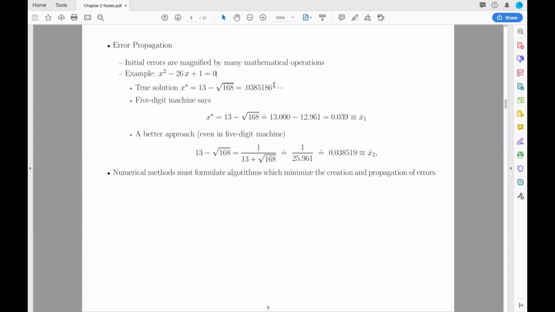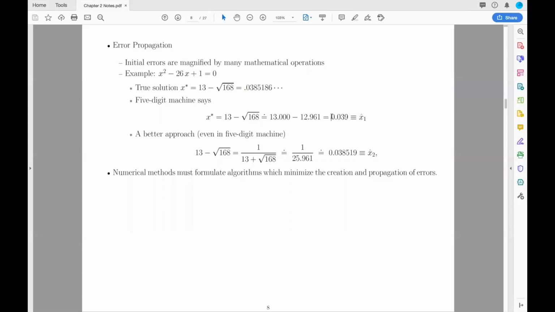0.0385186. However, if I did this subtraction in 5-digit arithmetic, 13 would be 13.000, and the square root of 168 would be 12.961.